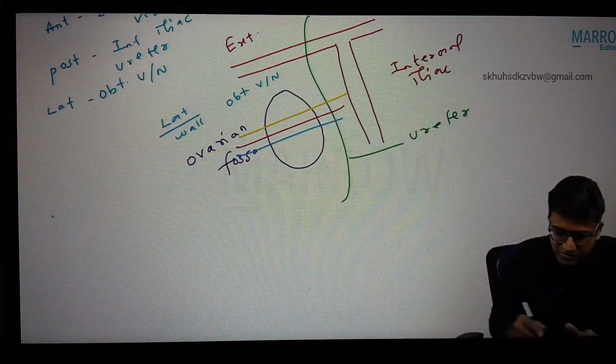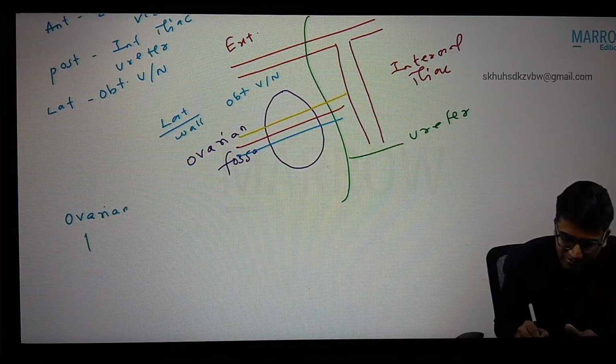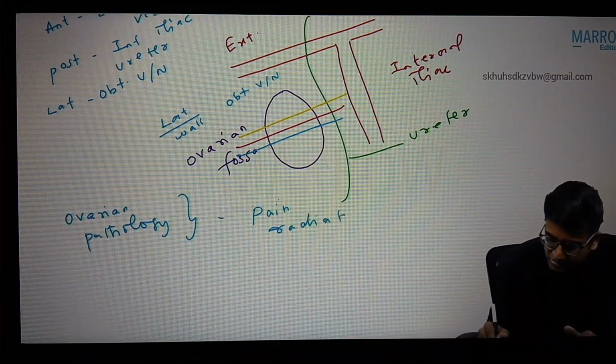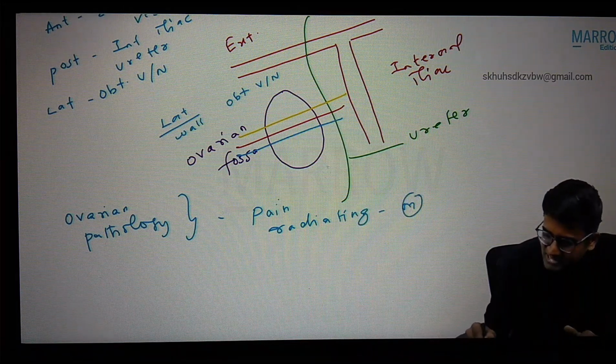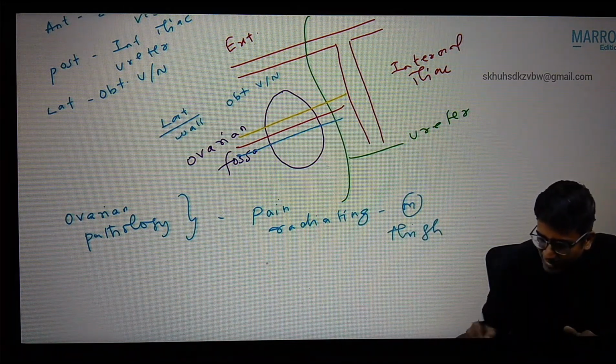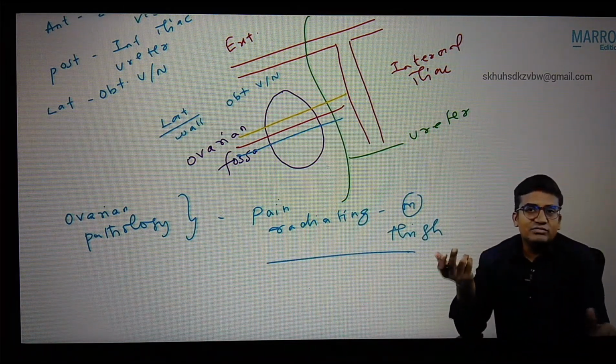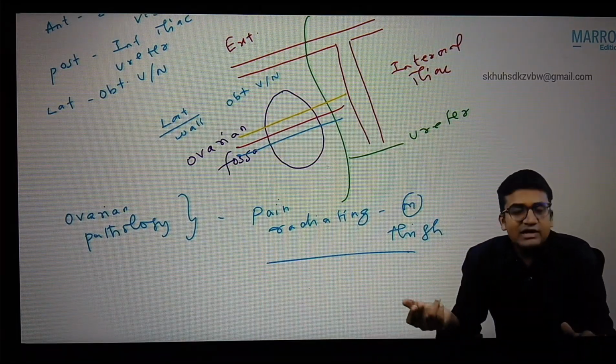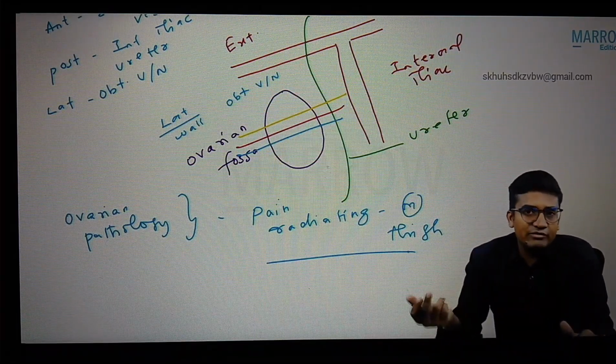That is why they are asking this question. So, in ovarian pathology, the pain radiating to the medial side of the thigh is due to compression of which nerve? Yes, our obturator nerve. Okay, so please remember the obturator nerve forms the lateral boundary of the ovarian fossa.